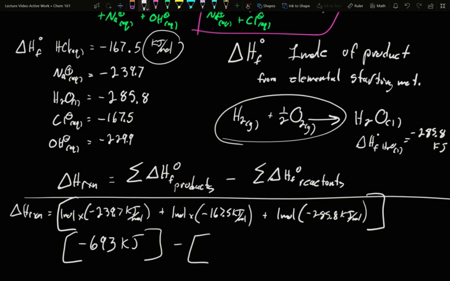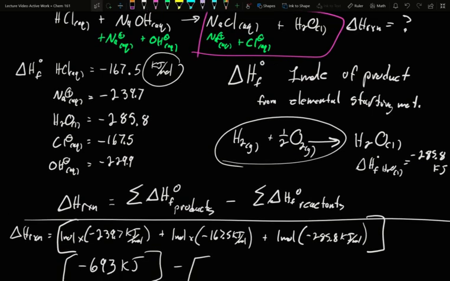What are our reactants? Well, I've got HCl aqueous. I have 1 mole of the HCl aqueous, and we said that is minus 167.5 kilojoules per mole.